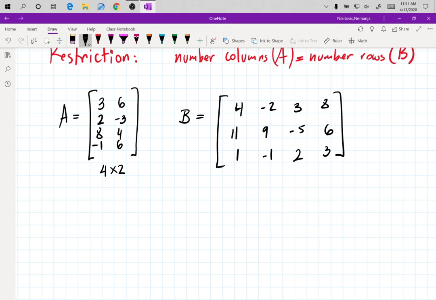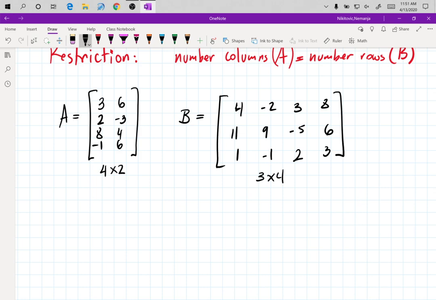All right. Now, you will quickly see that matrix multiplication is not commutative. I can't swap these because then the order wouldn't match and we would not be able to multiply.